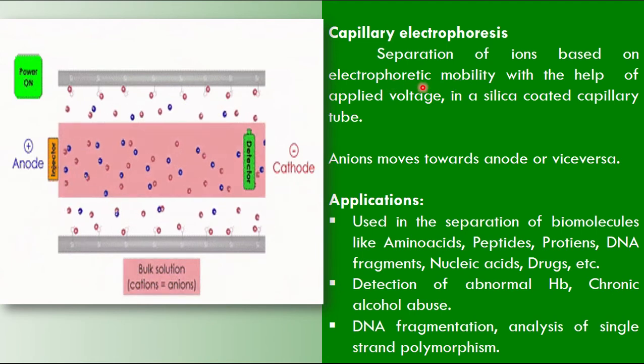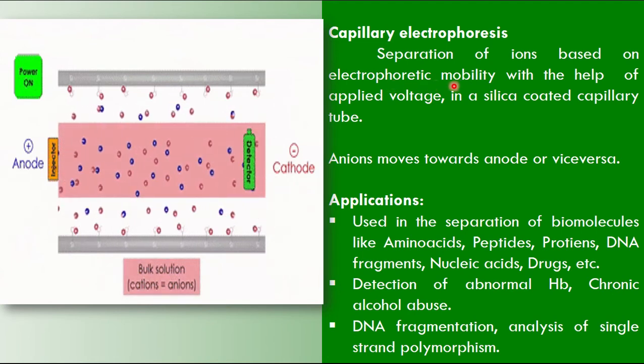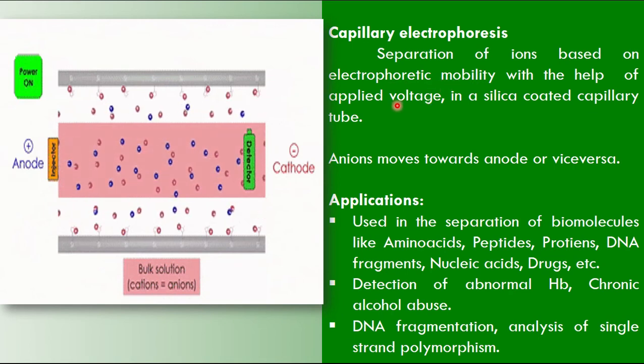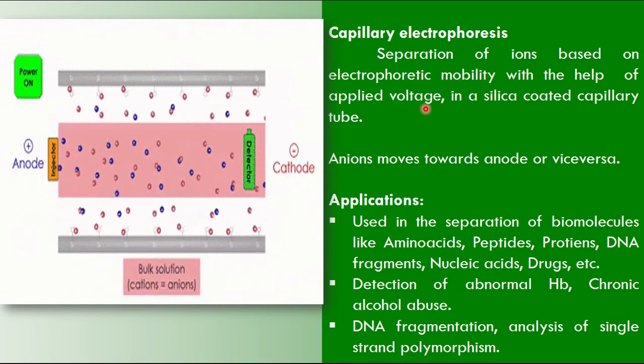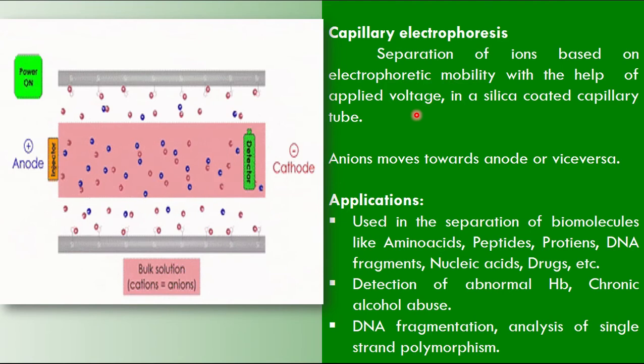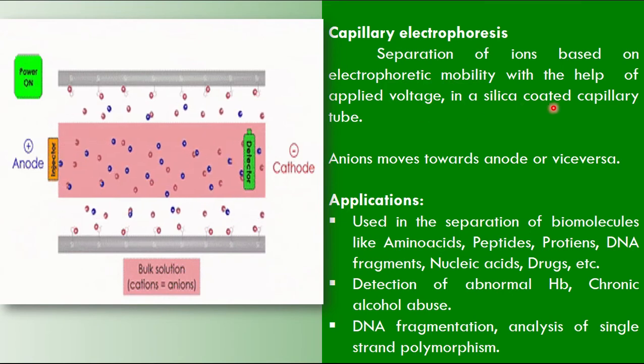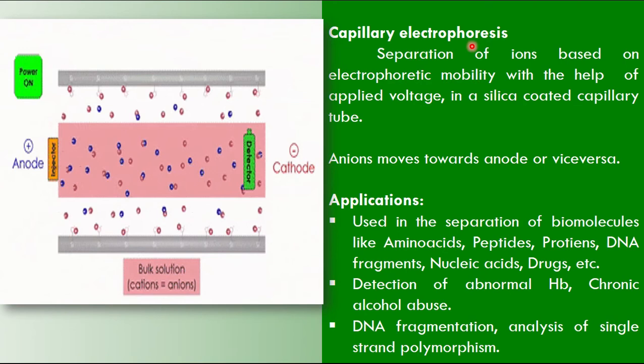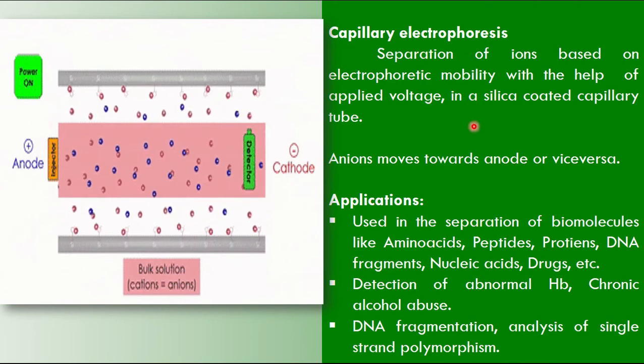Here the electrophoretic mobility is carried out with the help of voltage. All the process is carried out in a silica coated capillary tube. Hence the name is capillary electrophoresis.